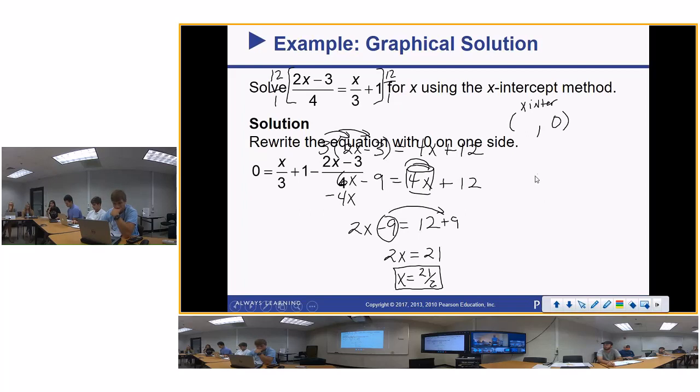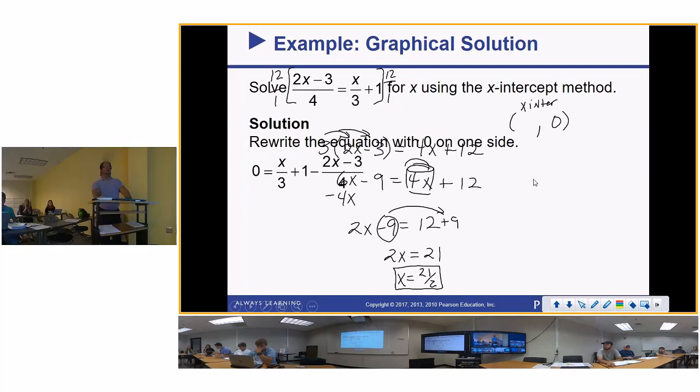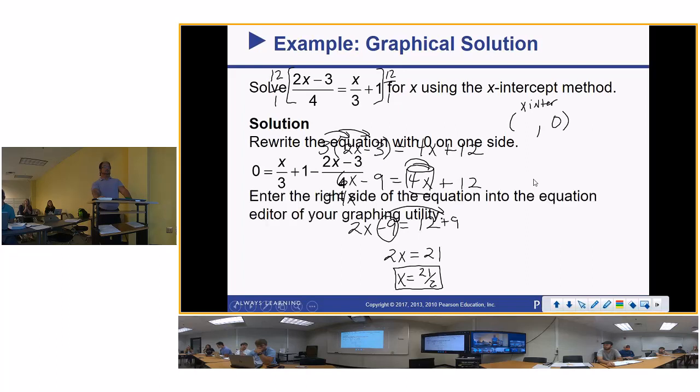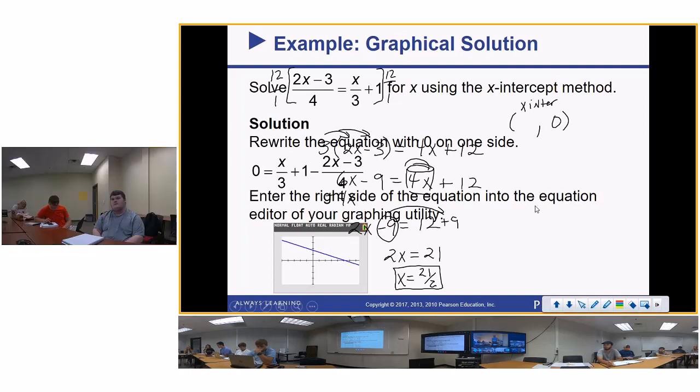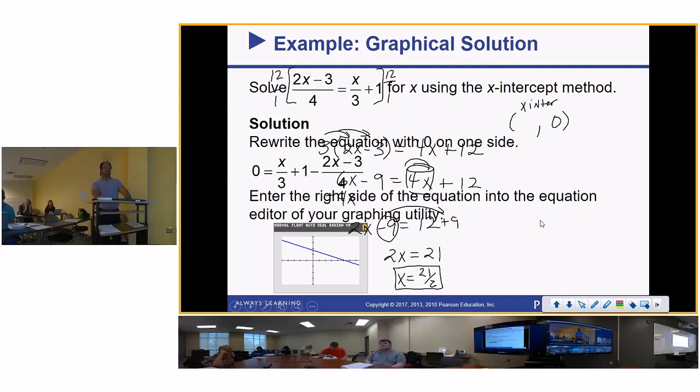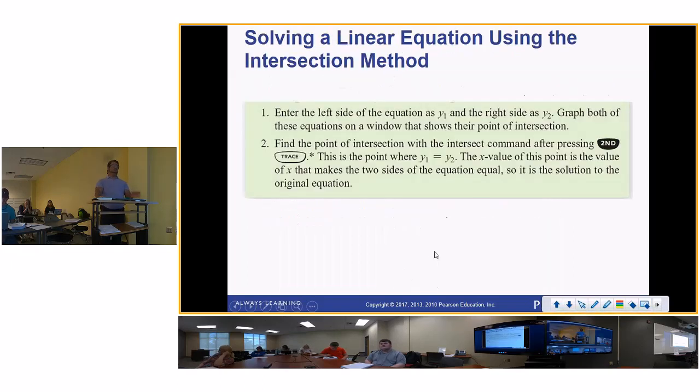Okay, they want you to write the whole equation equal to 0. Yeah, you could do that. And you get the same answer. So knock yourself out. Again, they're using the second trace function. You can do that. That's not a big deal.